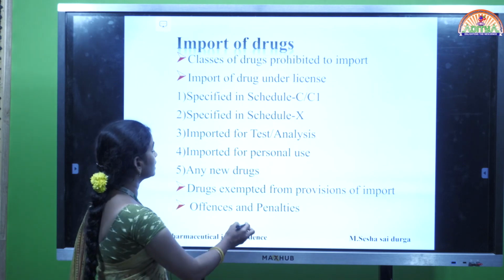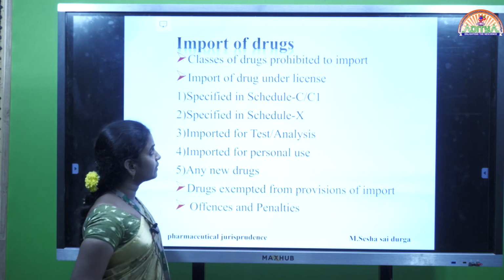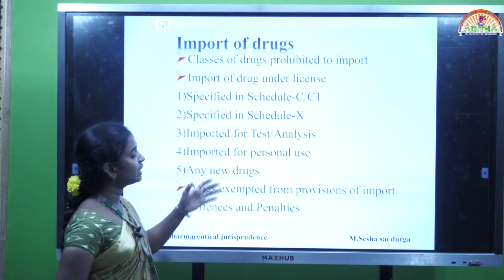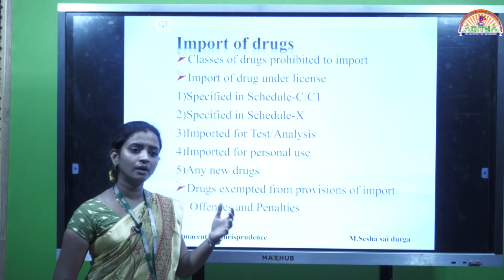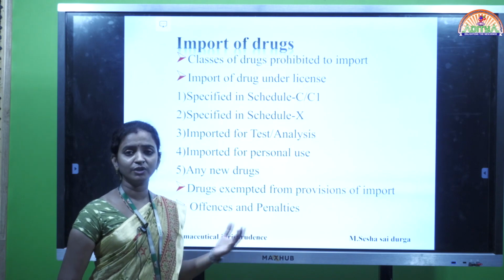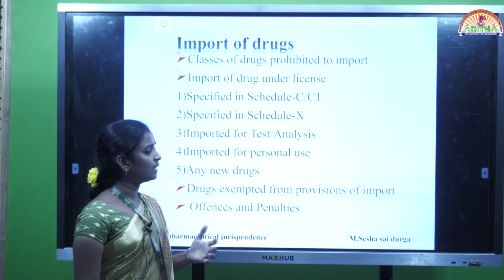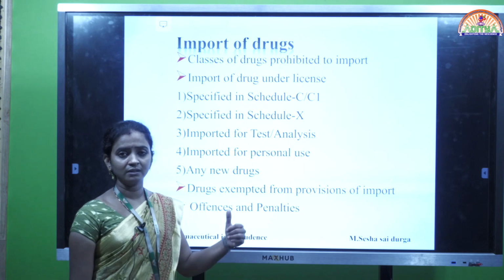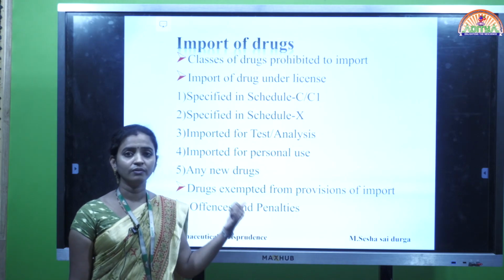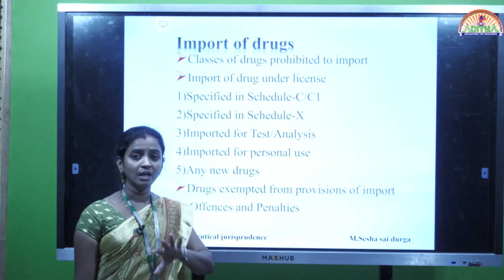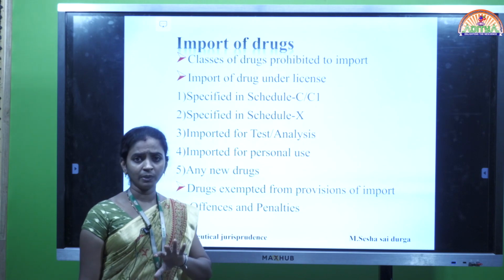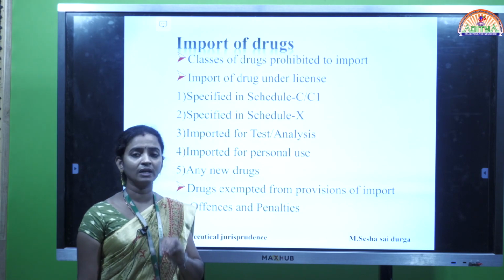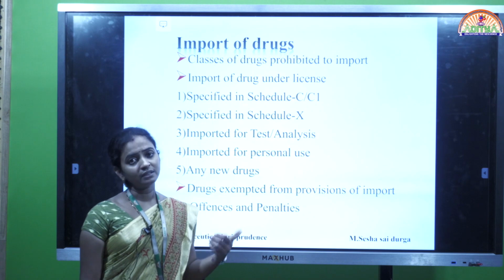See here, what is import? Generally, while importing a drug or a dosage form from foreign countries, we have some procedure. Under this Drugs and Cosmetics Act, we have some rules and provisions. People should follow those provisions while importing from other countries.